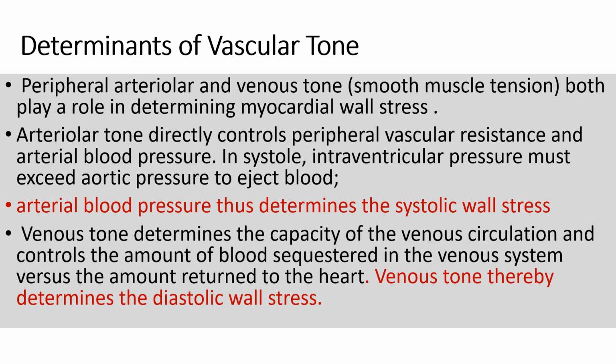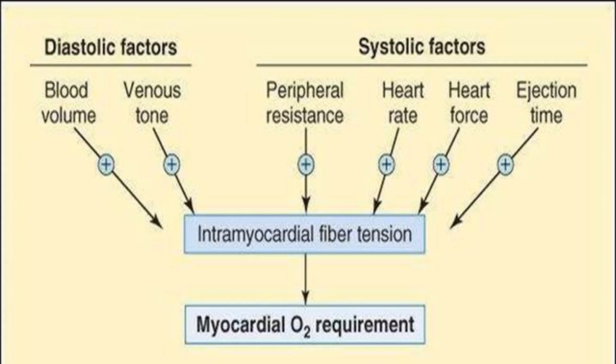Arterial tone directly controls the peripheral vascular resistance and arterial blood pressure. In systole, intraventricular pressure must exceed aortic pressure to eject blood. So, under the heading of determinants of vascular tone, you will remember two basic things: arterial blood pressure determines the systolic wall stress, and venous tone determines the diastolic wall stress.